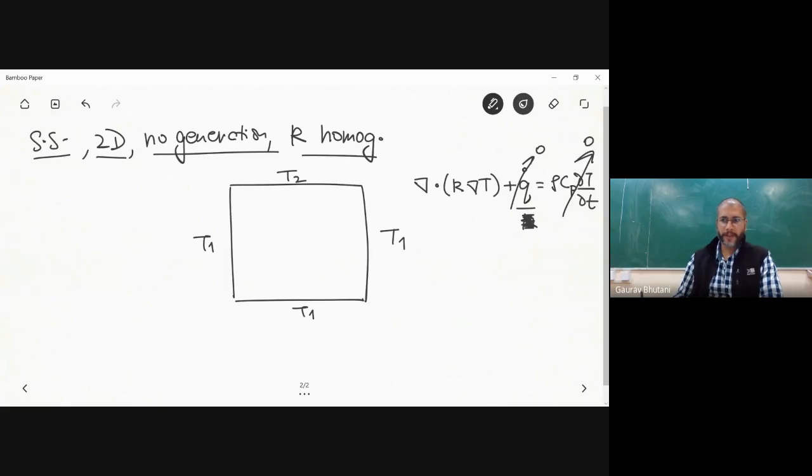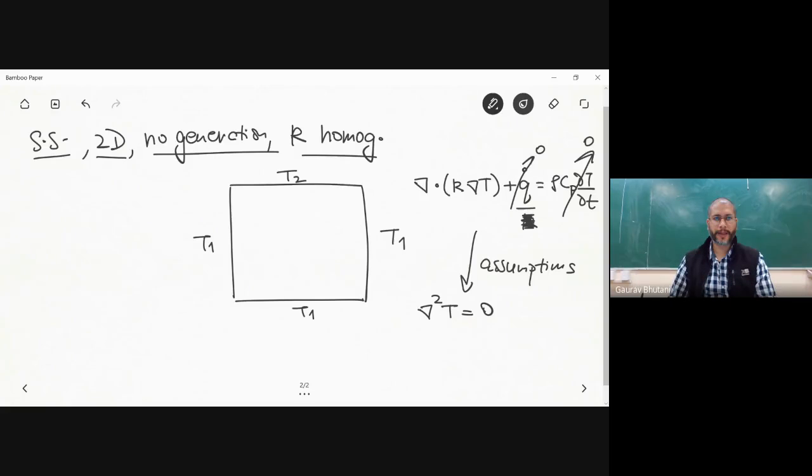All right, so this is our heat equation. Now, since we assume these things, what we get after using these assumptions is the Laplacian of T is equal to 0. And that is what we got earlier as well, except that we were in 1D, so now we are in 2D.